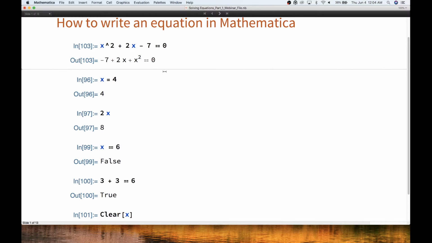And you can assign a name to this equation as well. So I can say, okay, this is the equation, and now this whole equation is saved in a variable.